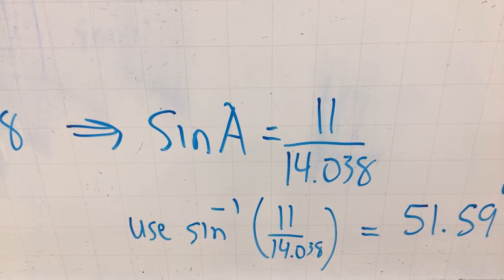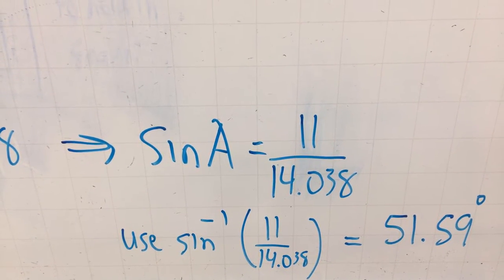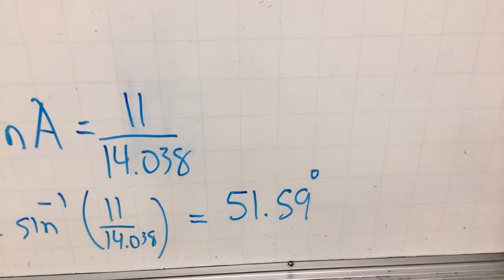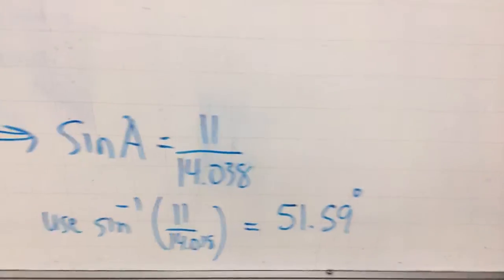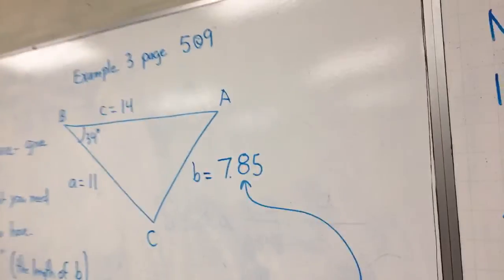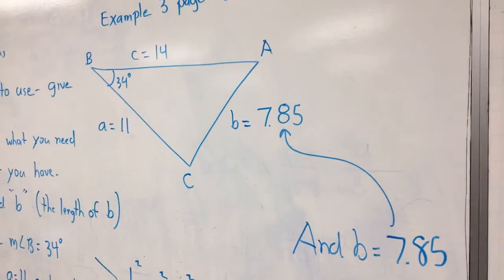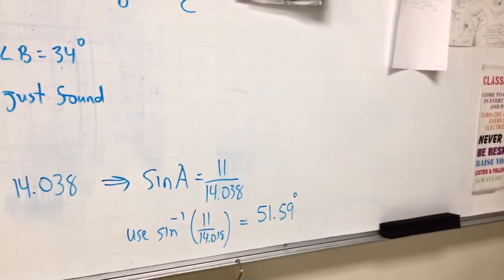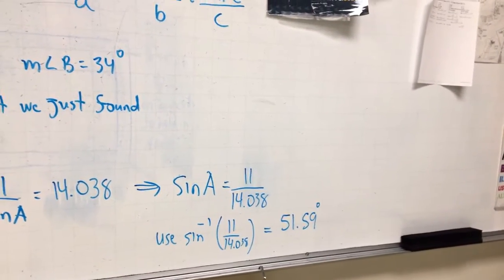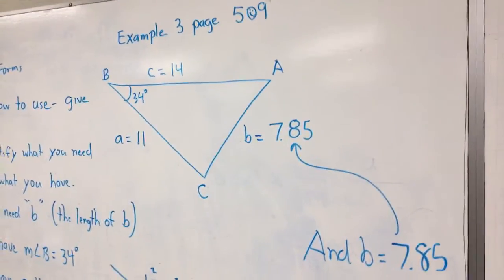Hit the second key and then the sine button and enter 11 divided by 14.038, and boom, 51.59 degrees is the measure of angle A. So I can put that in there, and of course I know the interior angles of a triangle add up to 180 degrees. C is pretty easy to find. So the measure of angle A is 51.59 or 51.6. So let's put 51.6 up there, and then we can definitely find C.